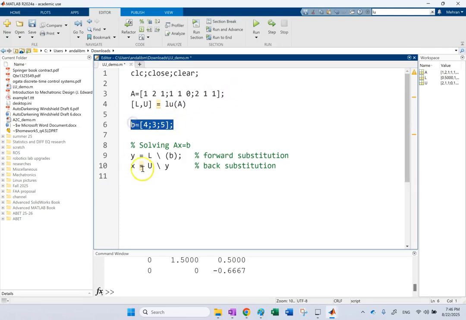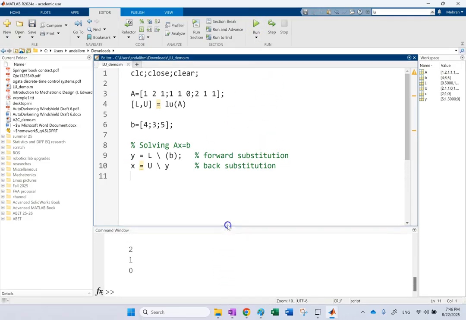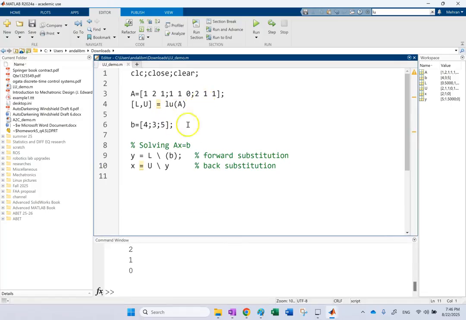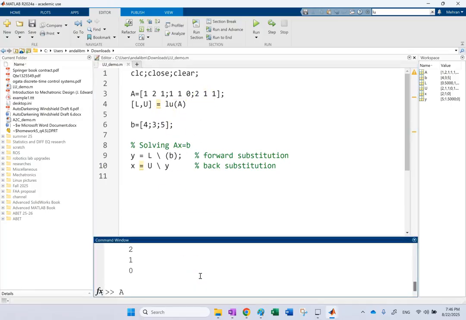If you do that, would you get the correct answer? So first, let me do this for you. So look at the answer. The answer is 2, 1, and 0. And clearly, if you multiply A by X, look, that is exactly the same as B.